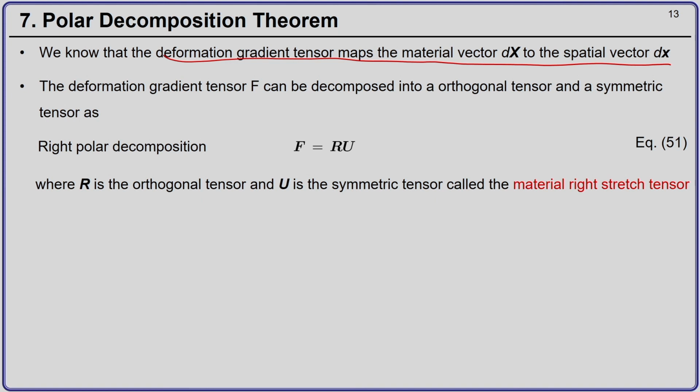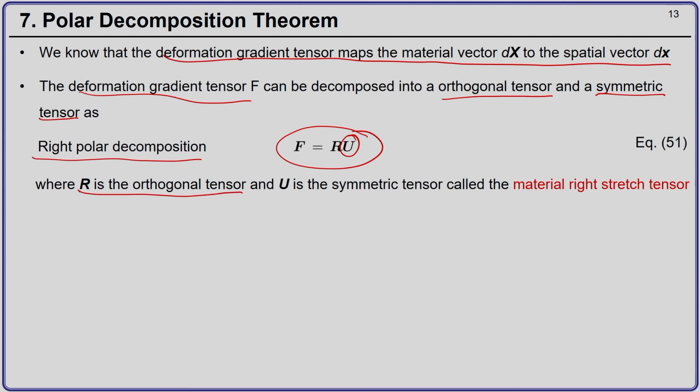So, in our case, the deformation gradient tensor F can be decomposed into an orthogonal tensor and a symmetric tensor as F equal to R into U, and this is called the right polar decomposition, because U, which is the symmetric tensor, lies on the right hand side of the orthogonal tensor R. So, R is the orthogonal tensor and U is the symmetric tensor, and it is also called the material right stretch tensor.